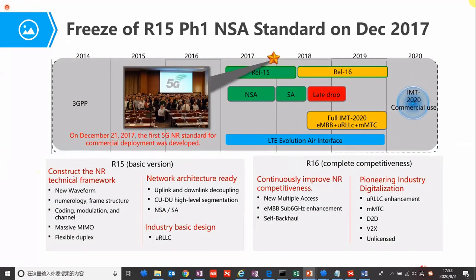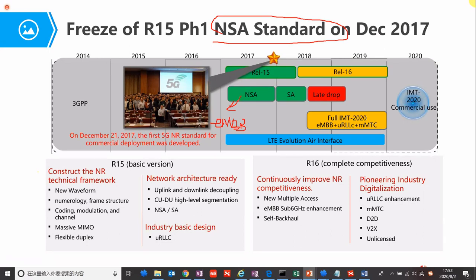With the freeze of R15 phase 1, non-standalone can only support eMBB scenarios. Actually, in China, last year and the beginning of this year, the operators just deployed NSA networking.